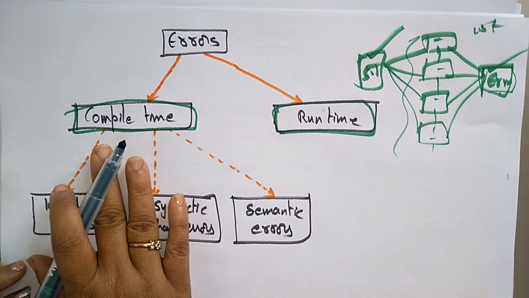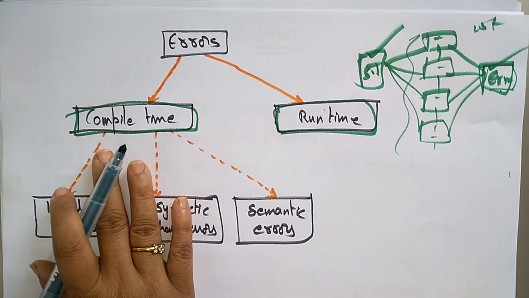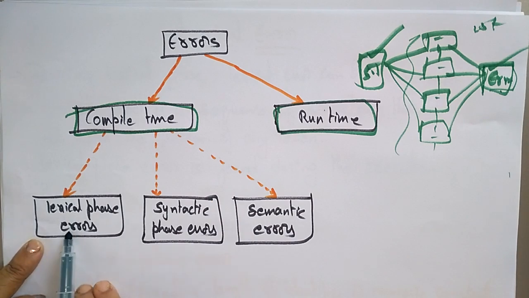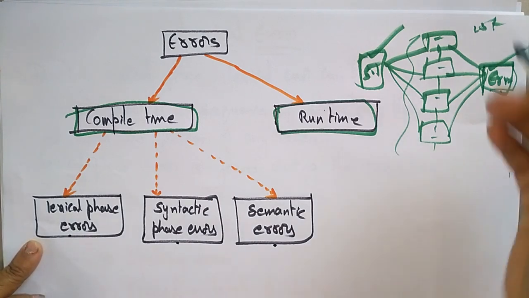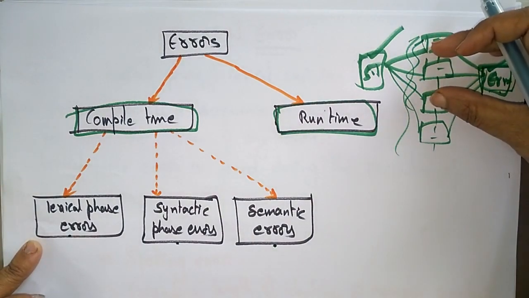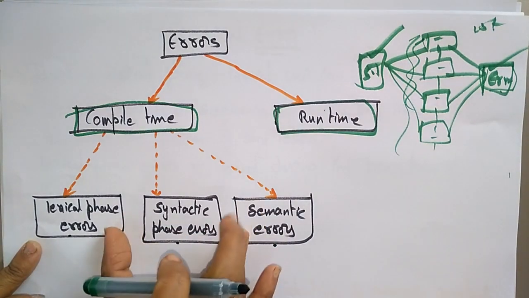These occur while we are converting the high level language into the assembly level language. At compile time, you can get lexical phase errors, syntactic phase errors, and semantic phase errors. These top three are the front end.